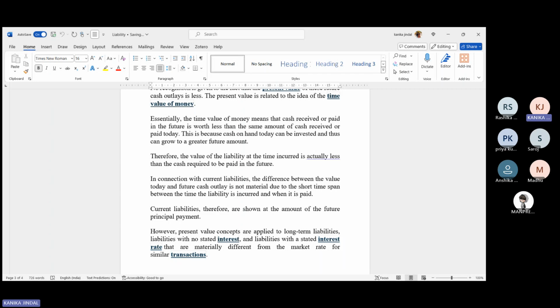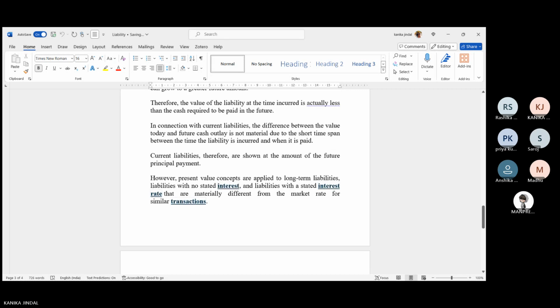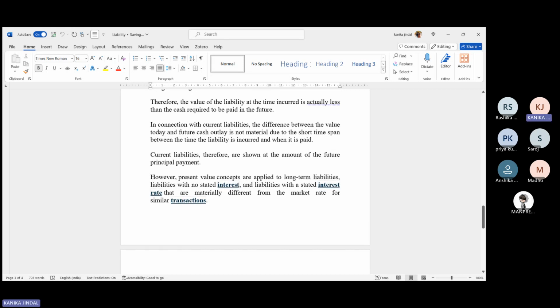Current liabilities therefore are shown at the amount of the future principal payment. However, present value concepts are applied to long-term liabilities, liabilities with no stated interest, and liabilities with a stated interest rate that are materially different from the market rate for similar transactions.